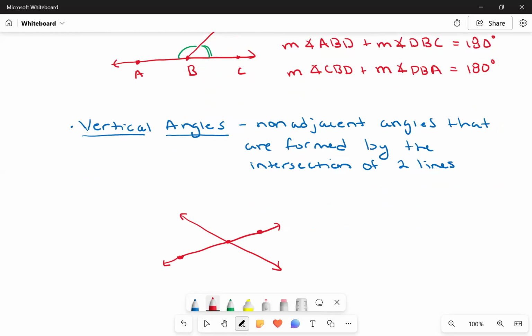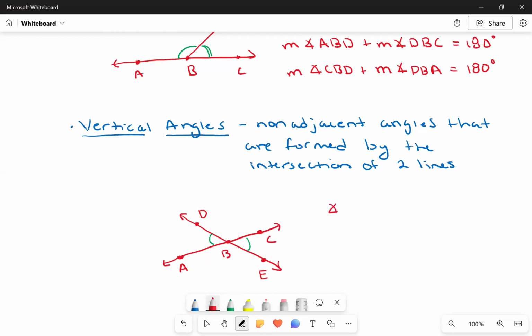So let's call this original line A, B, C, and then we'll give this lines D and E. Okay, so the vertical angles are not adjacent. That would mean that they don't touch. So this angle here and this angle here, those are vertical angles.